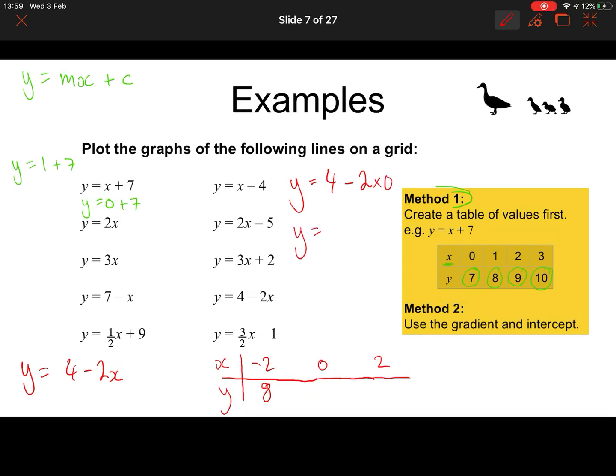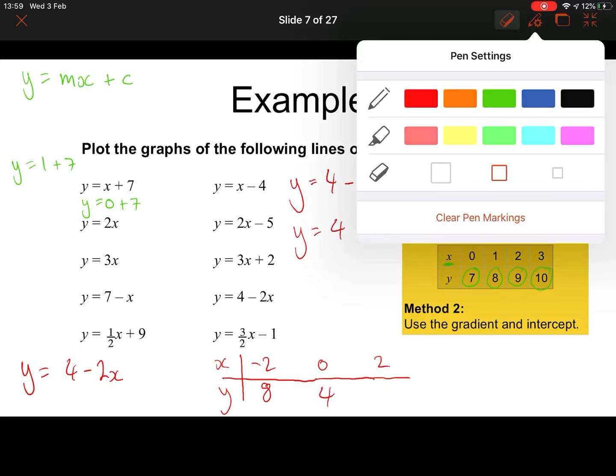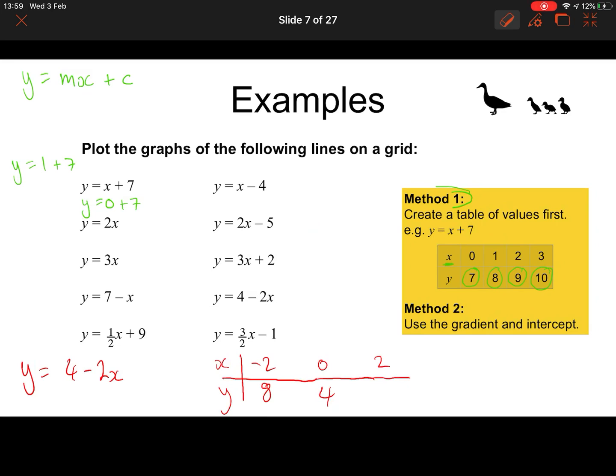What about if x is equal to 0? Well, I'm going to get y equals 4 minus 2 times 0. Well, 2 times 0 is 0, so 4 minus 0 is 4. Just using BIDMAS. What if x is equal to 2? I'm going to get y is equal to 4 minus 2 times 2.